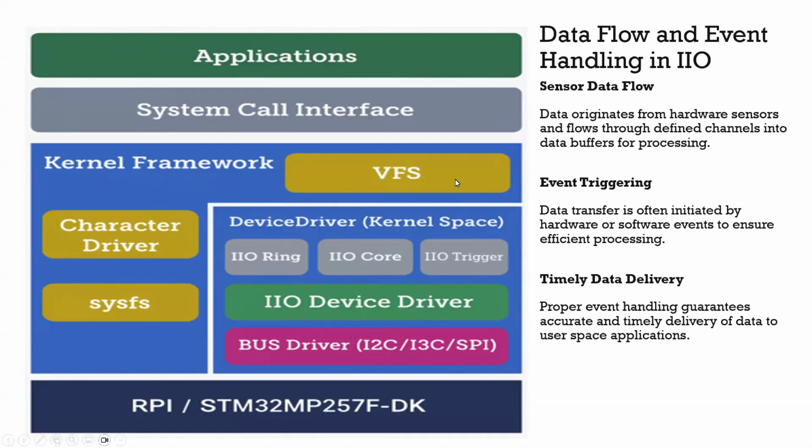And the IO trigger. I'll be talking about the core later. The trigger basically depends on how your sensor is sending the data. Whenever your sensor is sending the data, it is based on an interrupt. As soon as your sensor sends the data, it issues an interrupt saying my data is available.